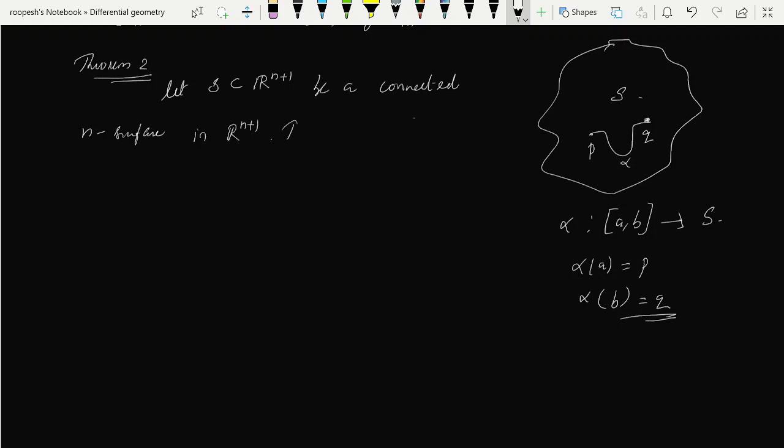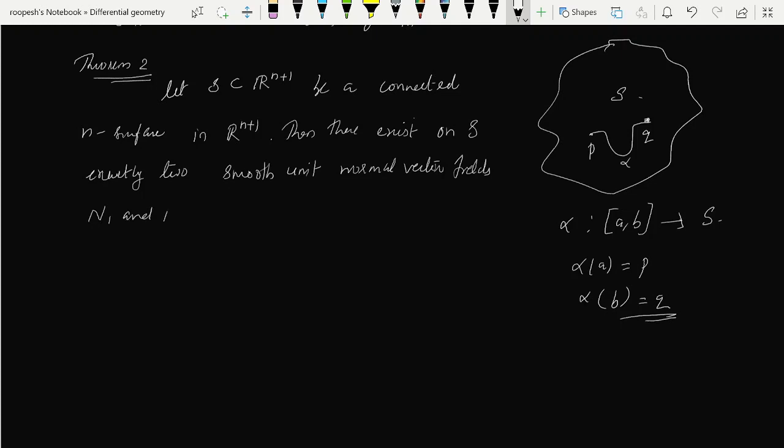Then there exist on S exactly two smooth unit normal vector fields n1 and n2, and n2 of p is equal to minus n1 of p for all p belonging to S. So this is the theorem.